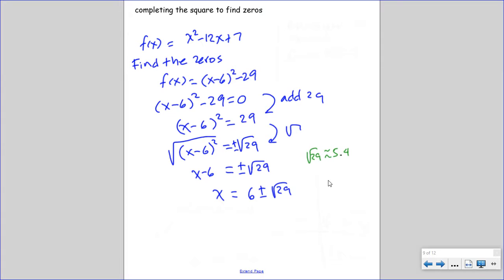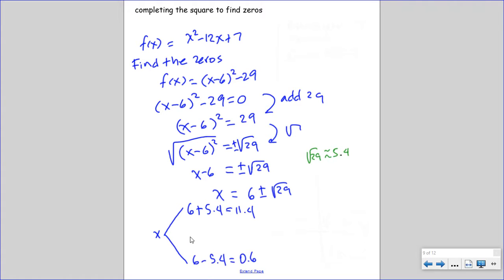Again, I could have left 6 plus root 29 and 6 minus root 29 as the answers, and that would have been fine. But in this case, we just wanted to put the approximate value to sketch the graph. And that means our first x would be 6 plus the positive side, 5.4, which is 11.4.